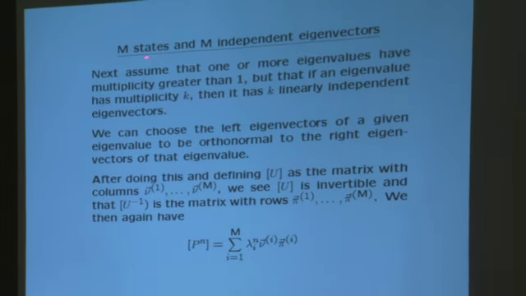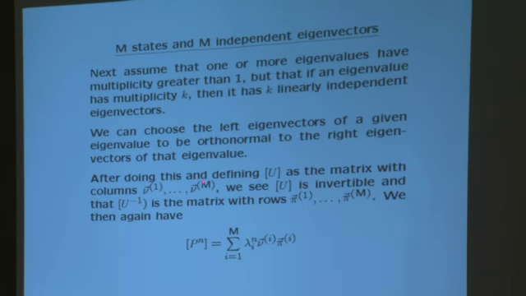Let's assume that if you have an eigenvalue with multiplicity k, then you have k linearly independent right eigenvectors and k linearly independent left eigenvectors corresponding to it.